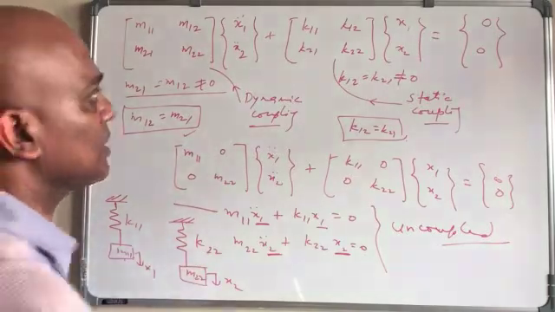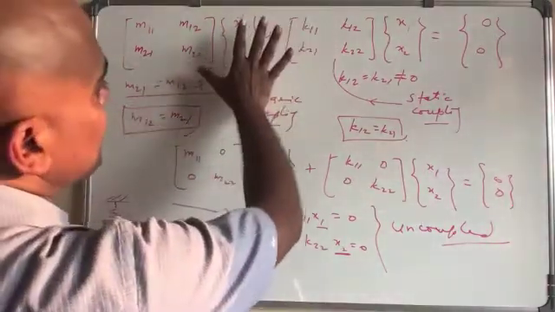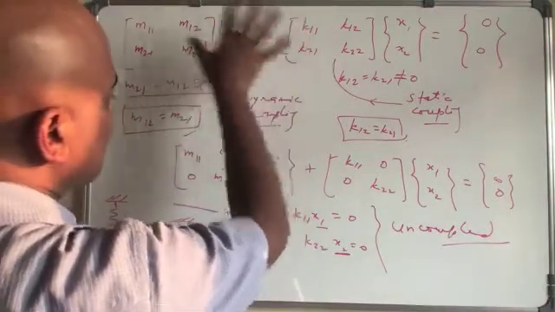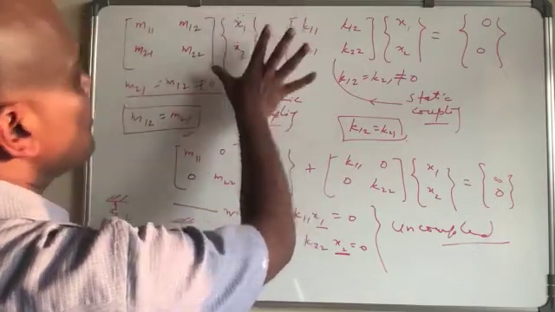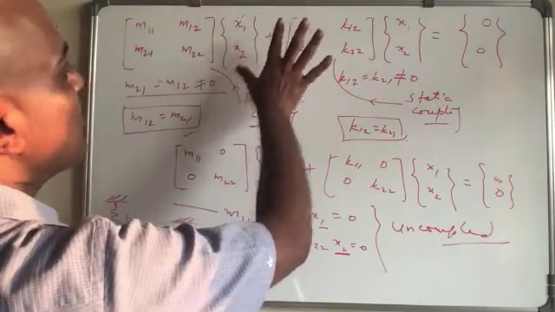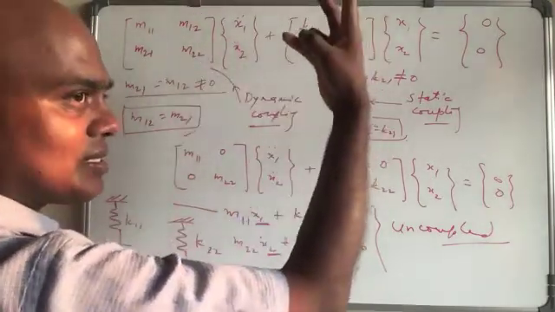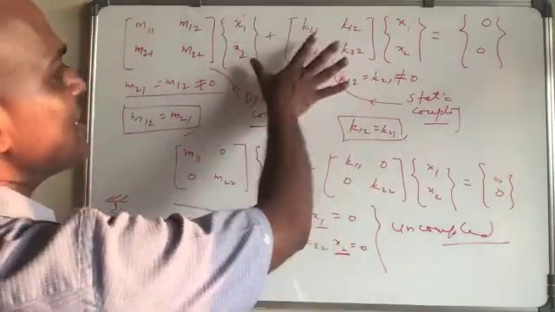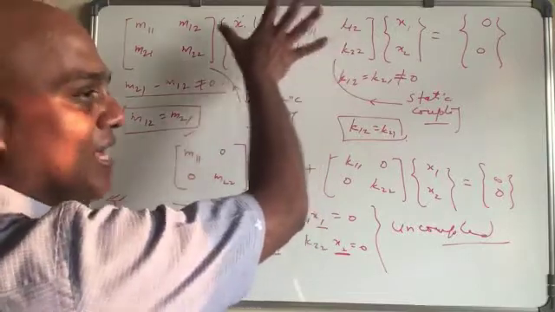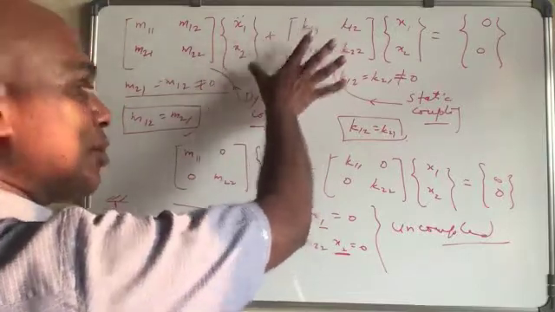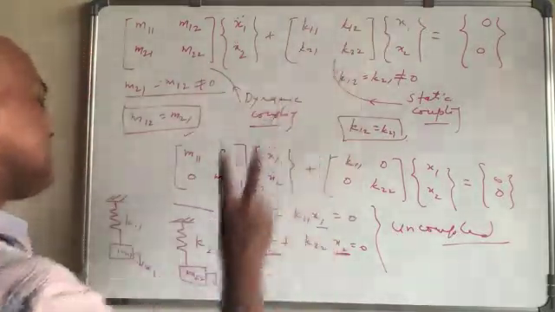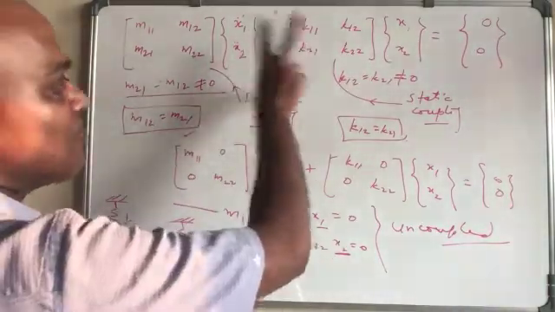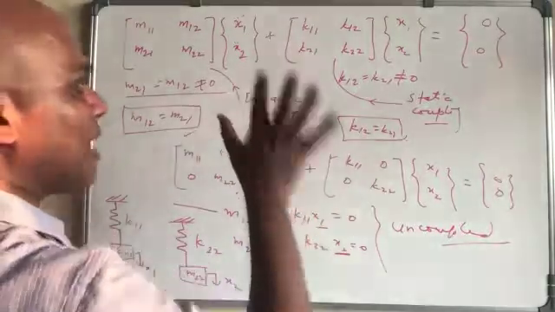If you do some operation, we will make two uncoupled equations, two independent systems, and the two natural frequencies that we talked about in the last video will represent these two systems. We will see what I'm saying.